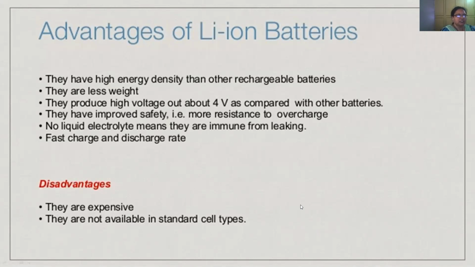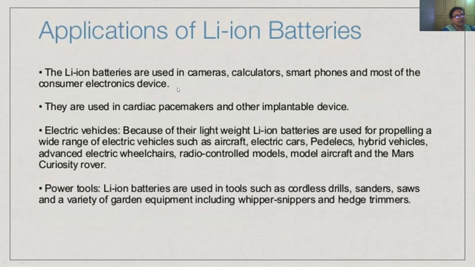Disadvantages: they are expensive and not available in standard sizes. Applications: they are used in cameras, calculators, smartphones, and as cardiac pacemakers, and nowadays also in electric vehicles and power tools.